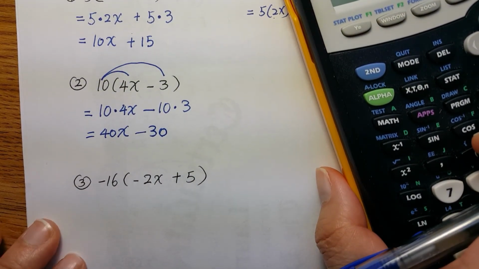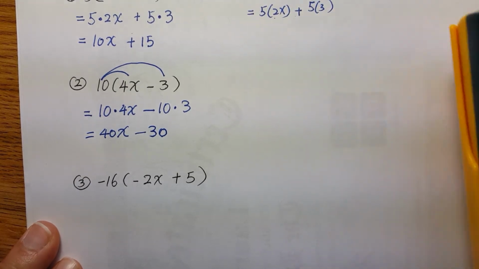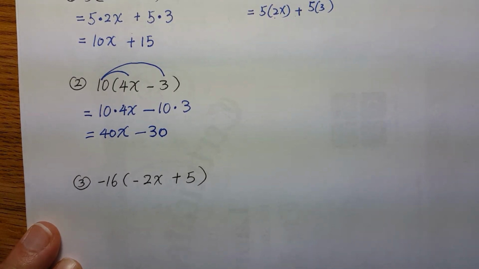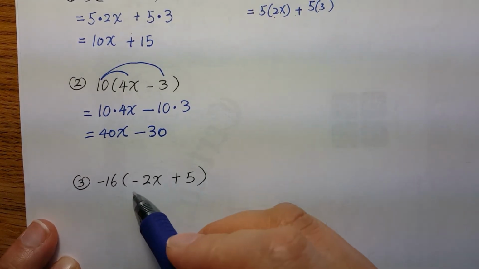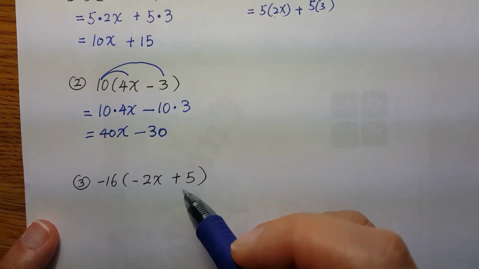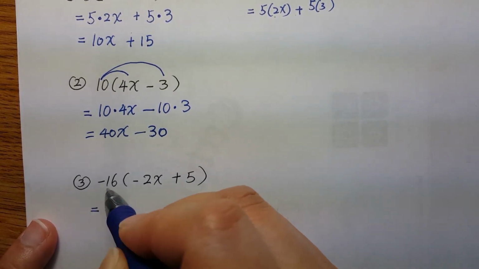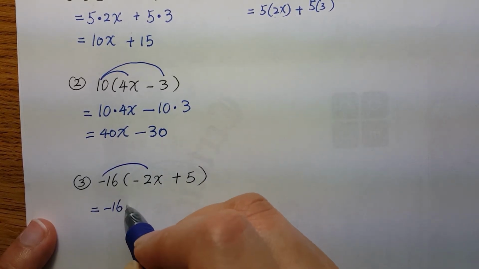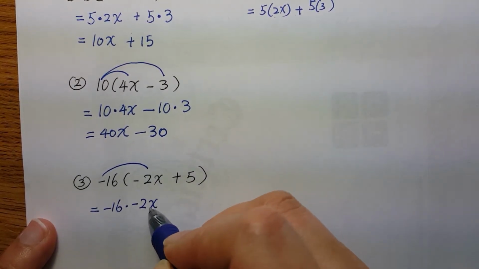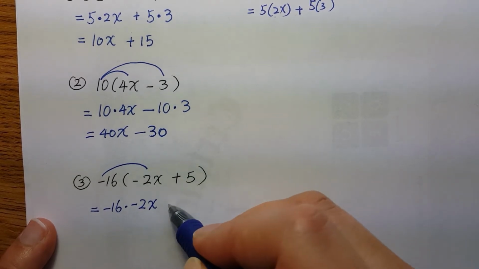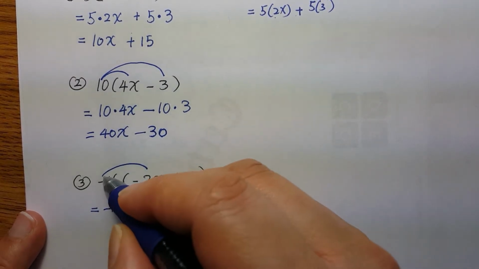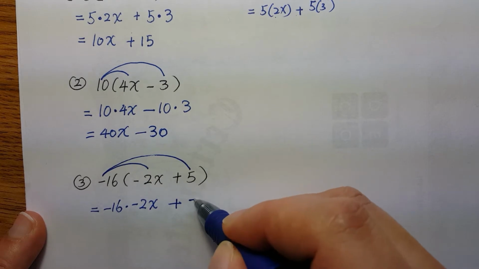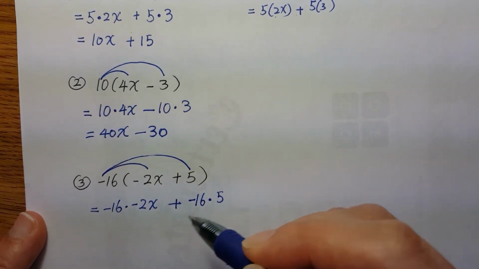Now let's take a look at question number 3. We get negative 16 times parentheses negative 2x plus 5. So we use the number outside to multiply each term. So you have negative 16 times negative 2x. In the middle is addition. You write down addition. And you go back, negative 16 times 5.